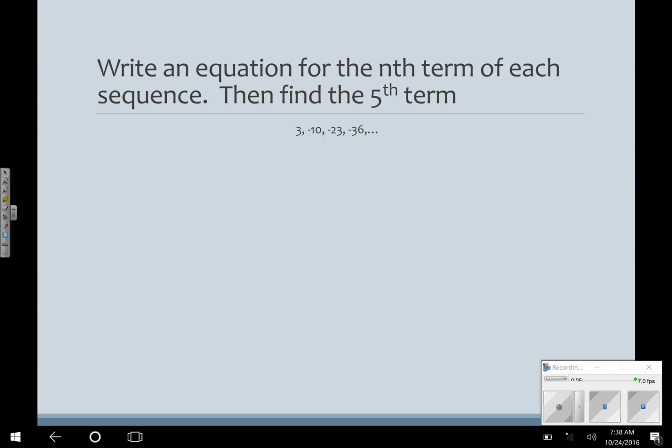So let's do another one. A sub n equals a sub 1 plus n minus 1 times the common difference. So what is my common difference? Sometimes the easiest way to do it is to take the first two numbers. I've got negative 10 minus 13 minus 3, and that gives me negative 13.